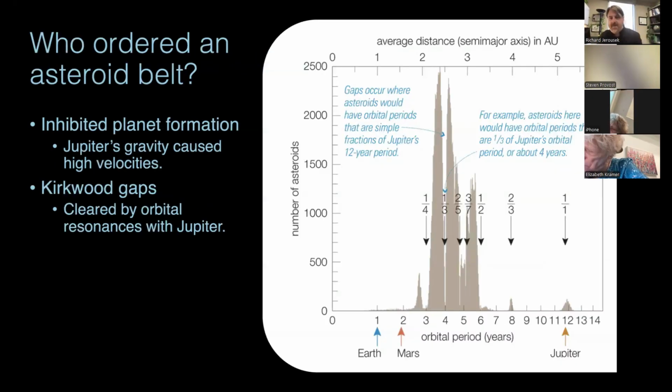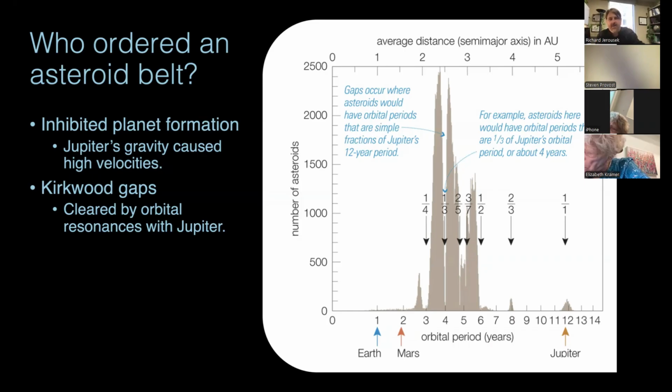So then the other question is, what about this asteroid belt? Who ordered that? Why didn't it just form another planet that's small, but why didn't it form one? And the answer is resonances from Jupiter. This was noticed first in the 1800s by Kirkwood.